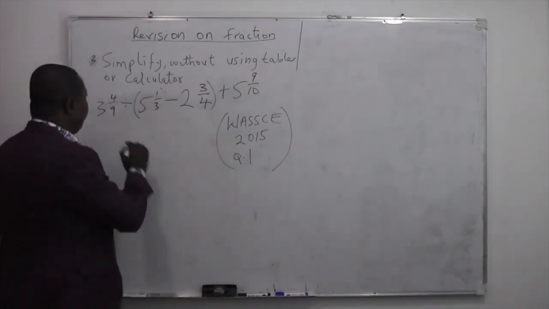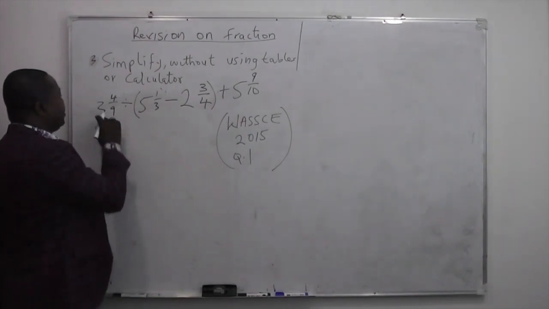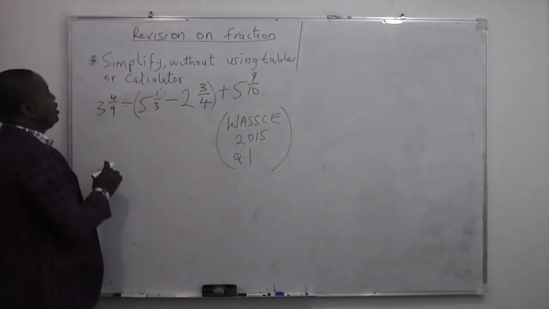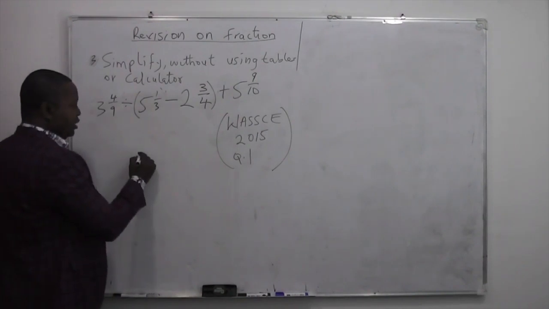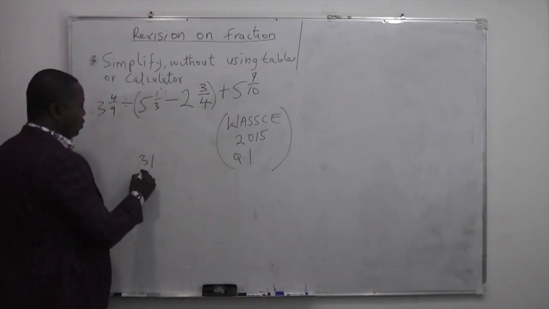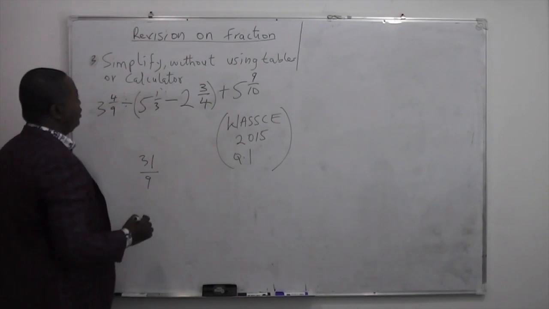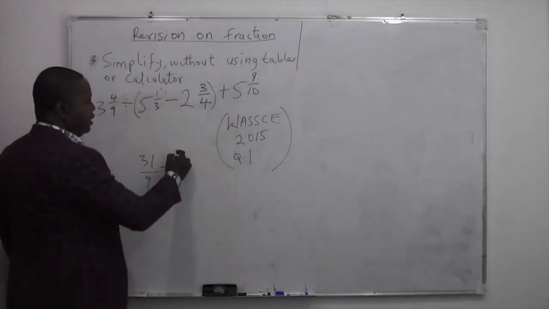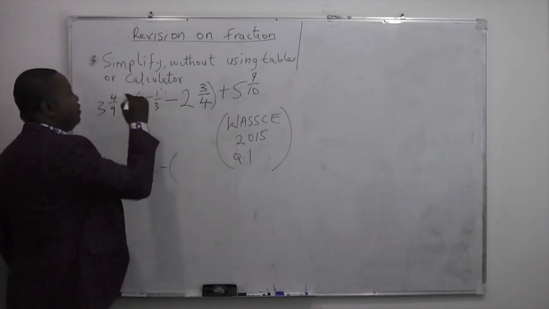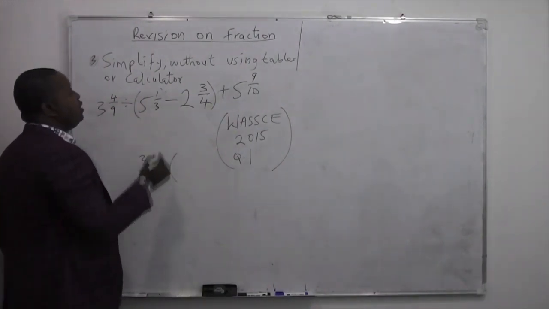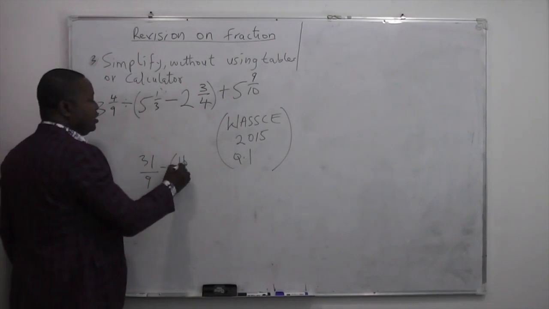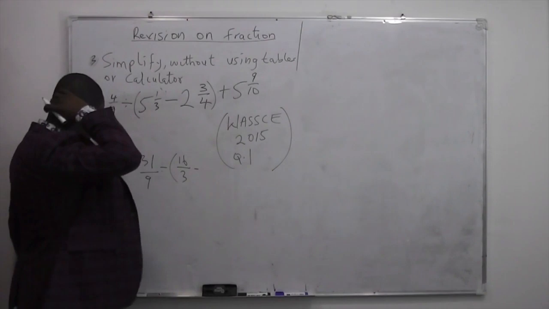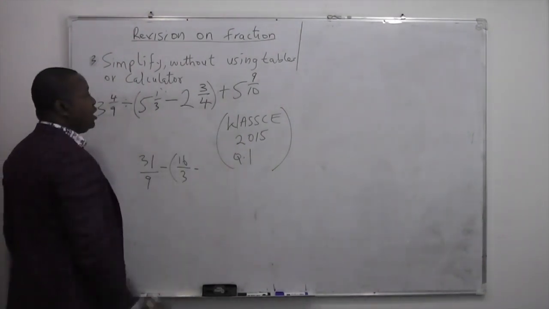Now let's go. We have 9 times 3 is 27. 27 plus 4 is 31 all over 9, divided by, we have the bracket here. Let me finish it first. 3 times 5 is 15. 15 plus 1 is 16/3, minus 4 times 2 is 8. 8 plus 3 is 11.